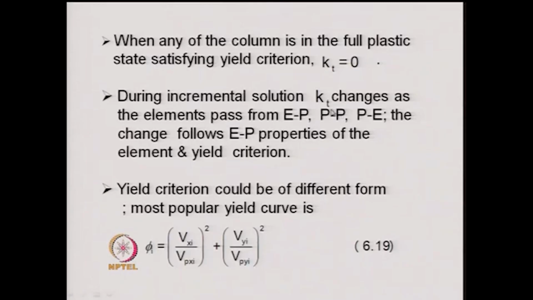yield condition that we will describe shortly. Whenever the system goes from plastic to elastic state, that means any element goes from a plastic state to elastic state, then we look into the plastic work done, or the sign of the plastic work done.